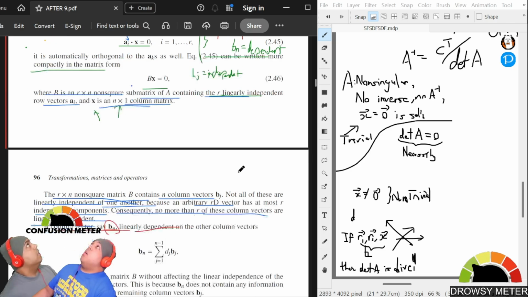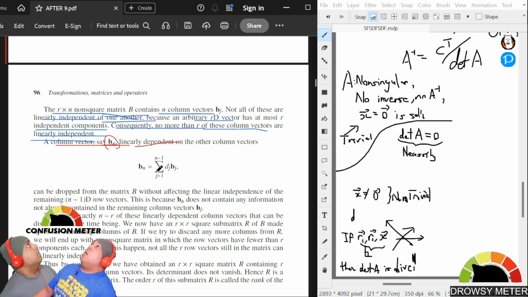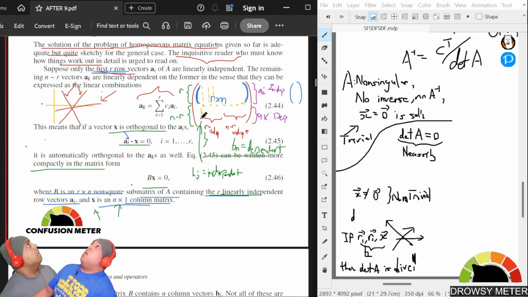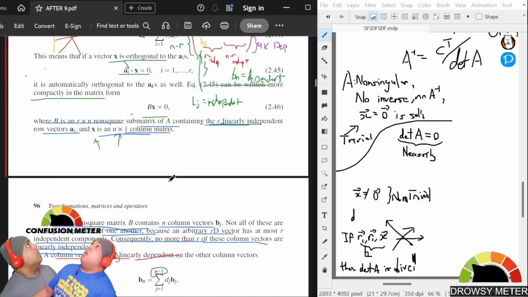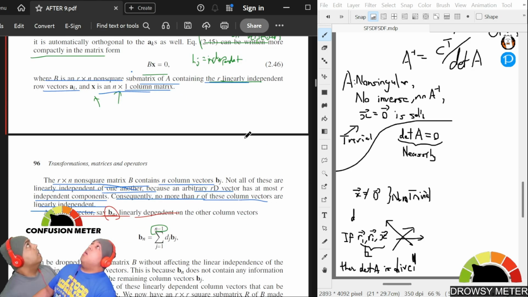We're saying Bn is equal to the summation from j equals 1 to n minus 1.